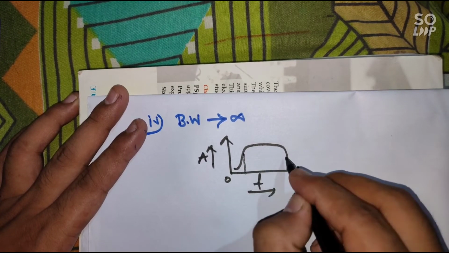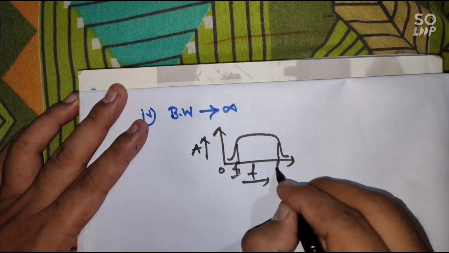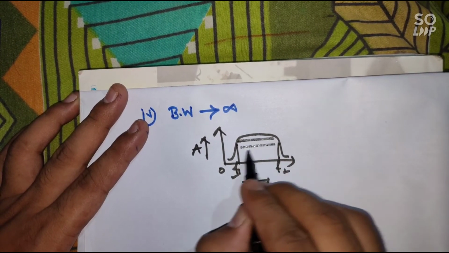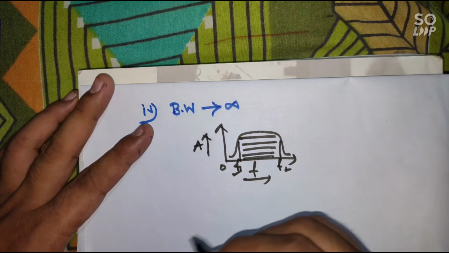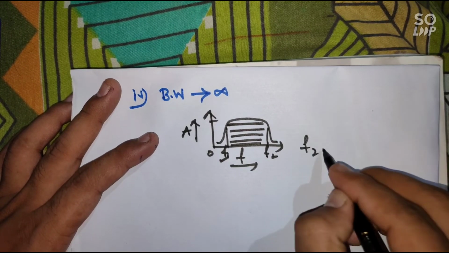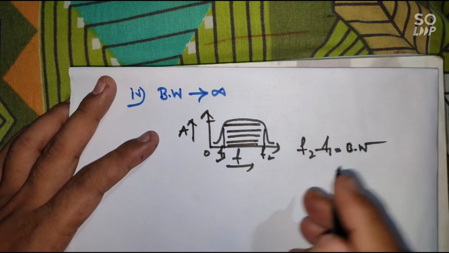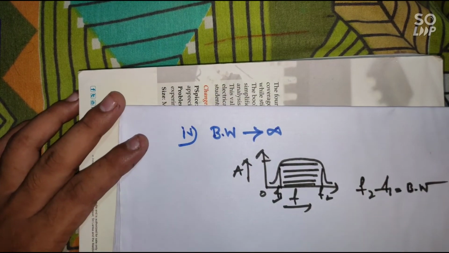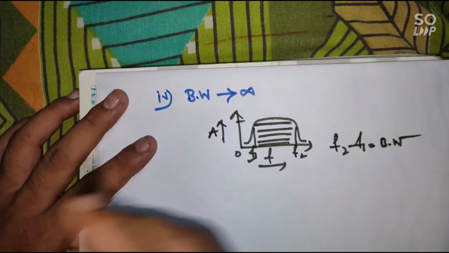From this curve you can get an idea of what bandwidth is. Say this is f1 and this frequency is f2. In between this f1 and f2 region, the circuit is giving the maximum gain. So for that particular circuit, f2 minus f1, this frequency range, is called bandwidth. For the ideal op-amp, the bandwidth must be infinite, but practically it's not infinite.